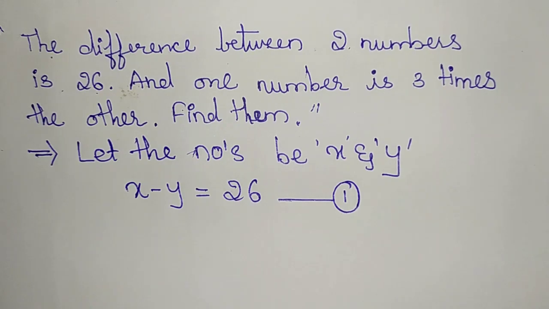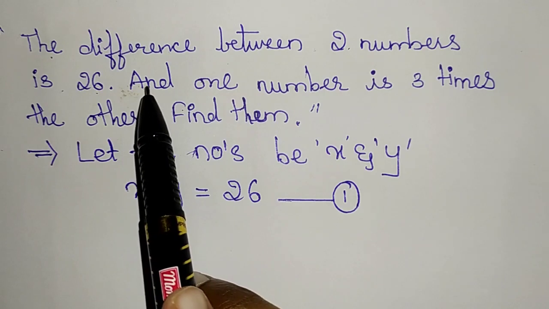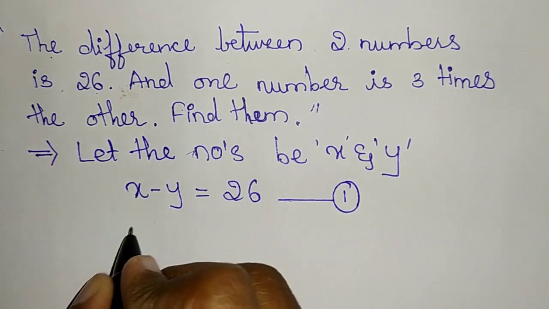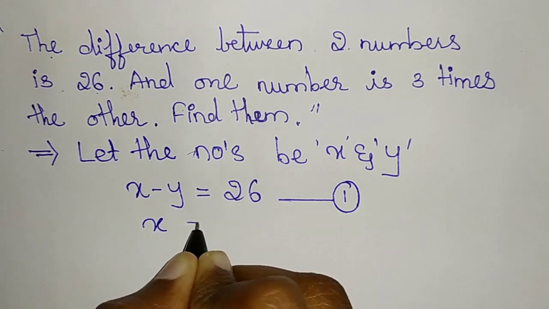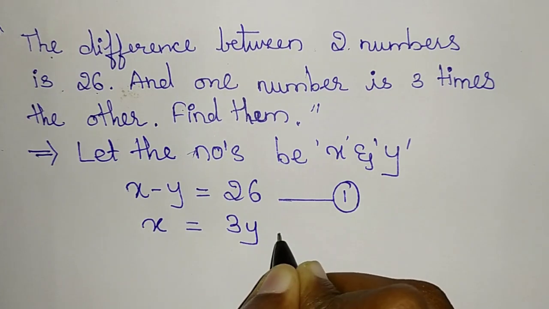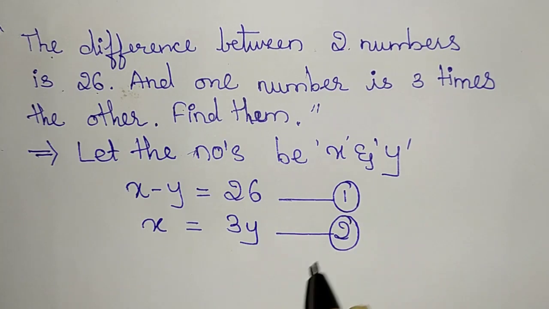From the second information given to us, we will get the second linear equation in two variables. What is the second information? One number is 3 times the other. That means x is equal to 3 times y. This is our second equation.